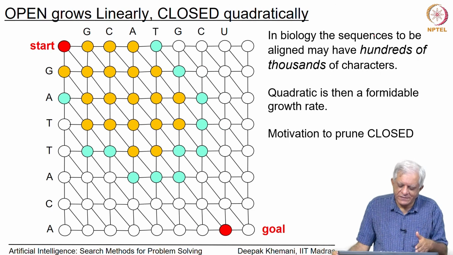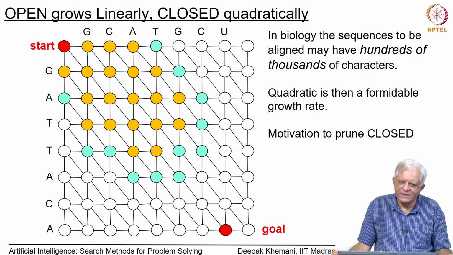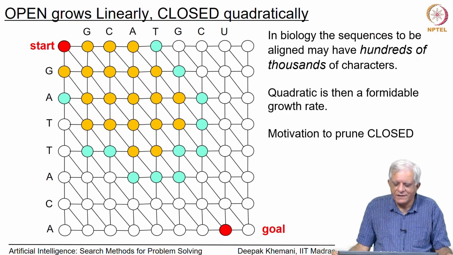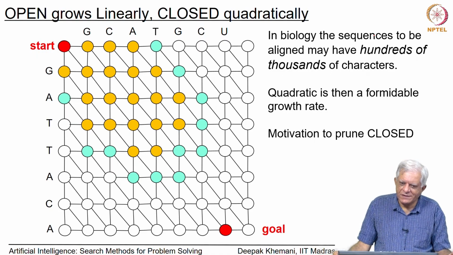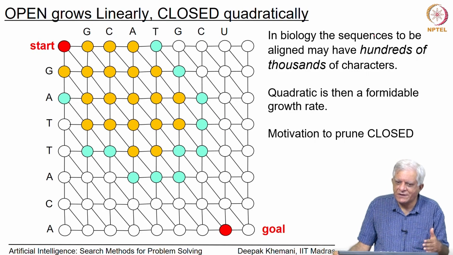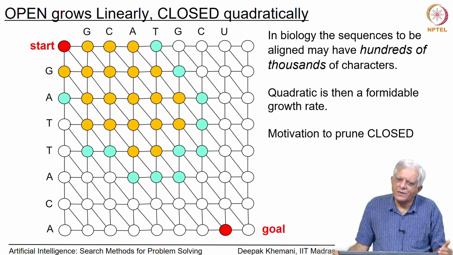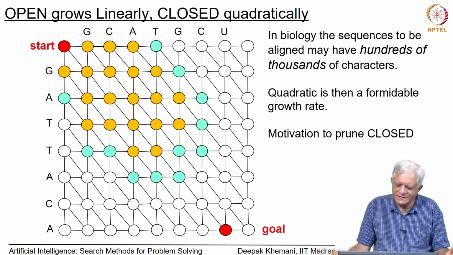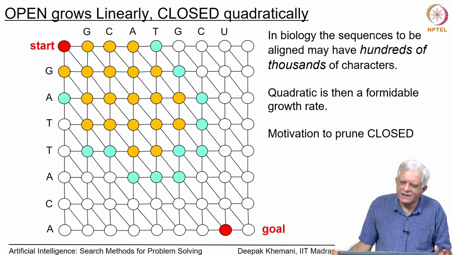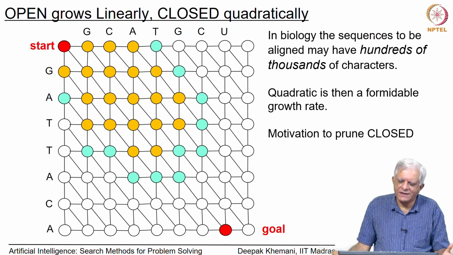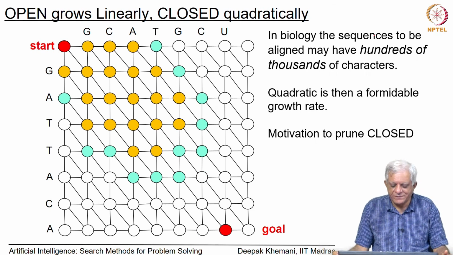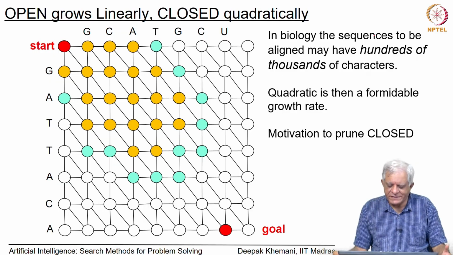And then finally, before we are done with A star, we will have a look at an algorithm which tries to prune both open and closed, which means that there is a possibility of tackling huge problems without restriction on the size, but we will also see that it comes at a price. Just like DFID and IDA star came at a price, these algorithms also will come with a price, but the price would be much lower than in the case of IDA star. So, we will take that up in the next session.